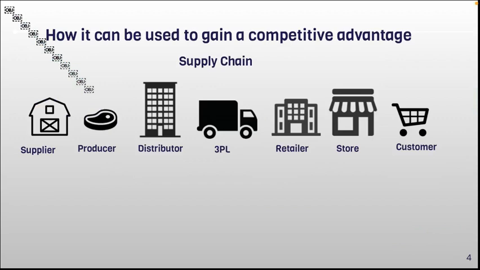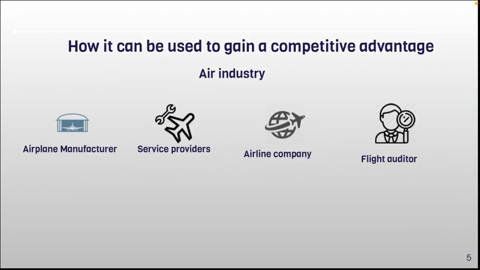In our industry as well, we can use blockchain, so the airplane manufacturer can provide aircraft components. The service providers are the people, the workers that maintain and repair the aircraft.